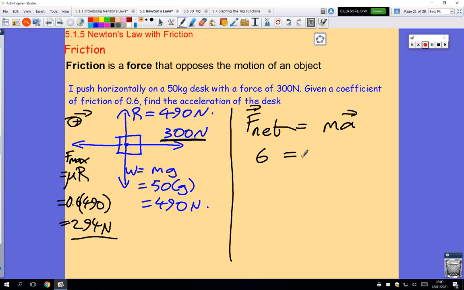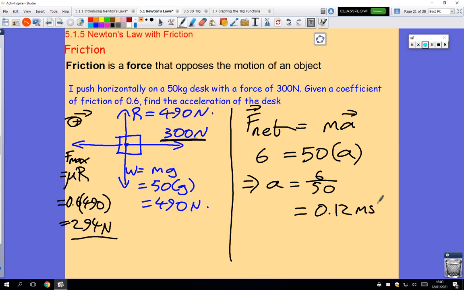The mass of the object is 50 kilograms, and then we're trying to work out what the acceleration is. So the acceleration is going to be 6 divided by 50, which will be 12 over 100, or 0.12 meters per second squared. So this object will accelerate at 0.12 meters per second squared.